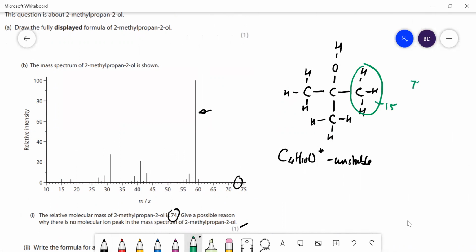So 74 minus 15 is 59. So it's not that. This is not the fragment, because that would weigh 57, and ours is at 59. So let's get rid of that.